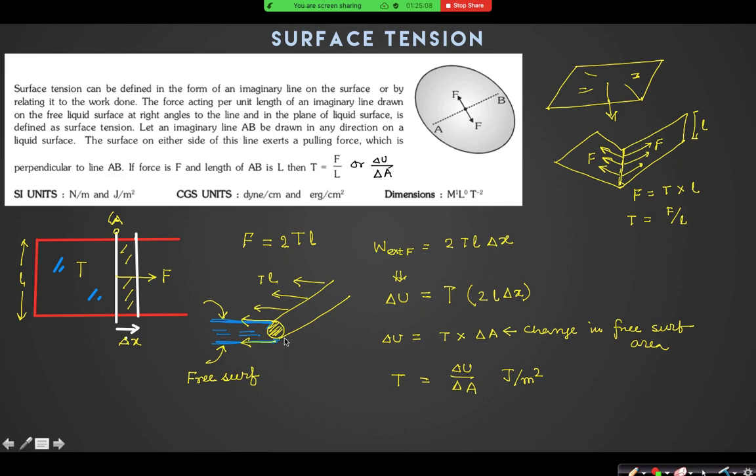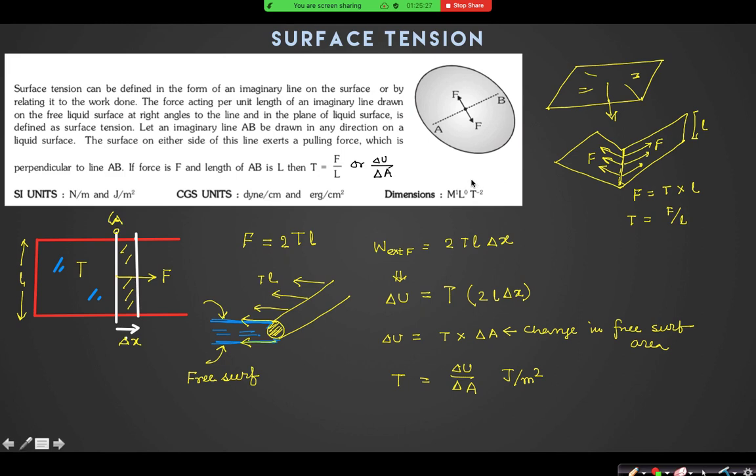Sir, is surface tension a vector quantity or a tensor quantity? It's just like pressure: at a particular point it may have different directions, so definitely it's not a vector quantity.